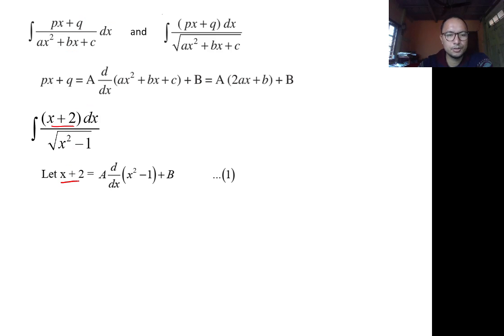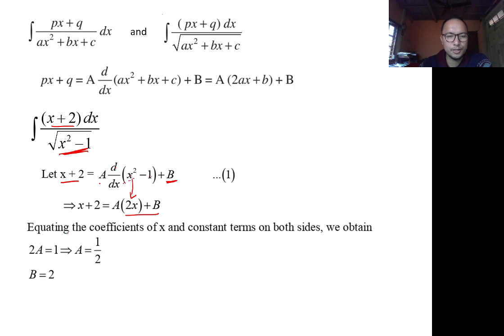x plus 2 is equal to a times d by dx of this polynomial, x square minus 1, and then plus b, some constant. Now differentiate: x square differentiated is 2x, constant differentiates to 0, and plus b. Now compare the value by equating the coefficients. The coefficient of x on the left hand side is 1, and on the right hand side it is 2a.